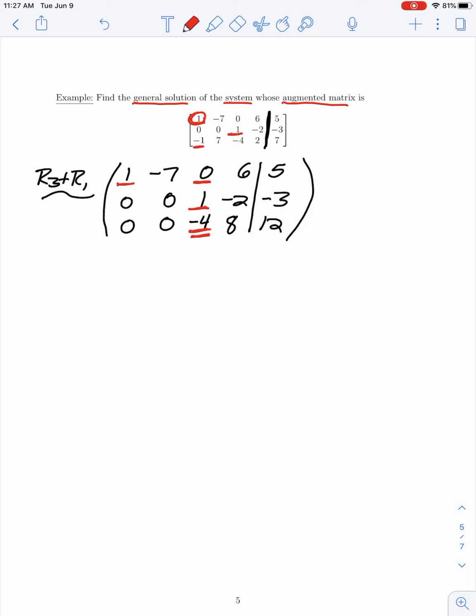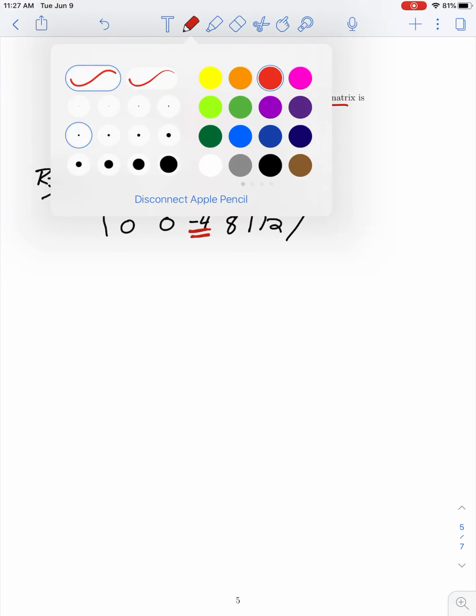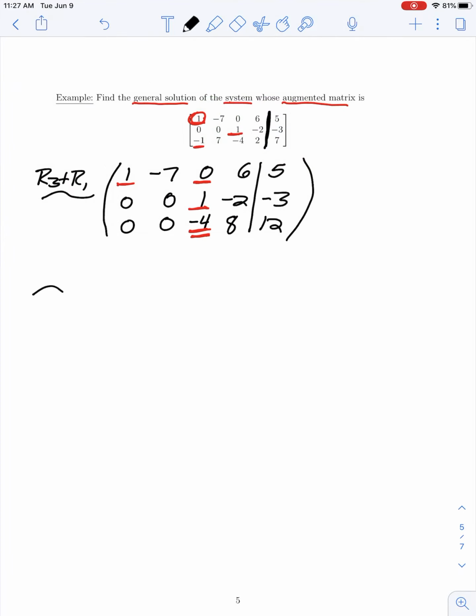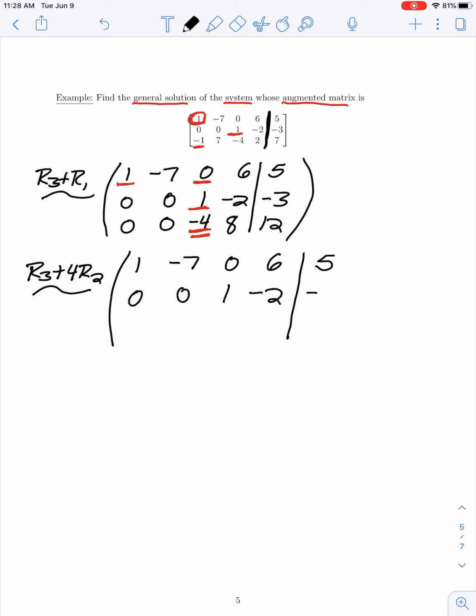So an easy way to do that would be to take row 3 and add to it 4 times row 2. So my first row remains the same: 1, -7, 0, 6, 5. My second row remains the same: 0, 0, 1, -2, -3.